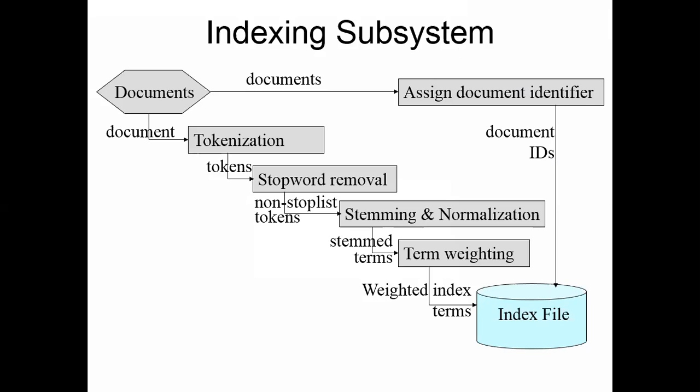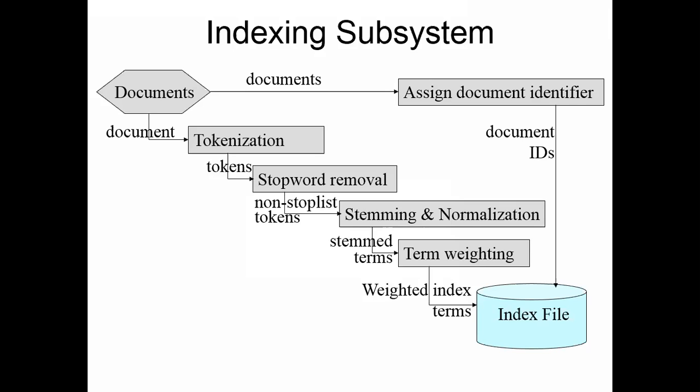As a result, search engines are using the URL of every document, which is unique. When you are designing an information retrieval system, you have to assign a document identifier for each document that is used for experimentation purposes. Those document identifiers are used for indexing the words that they contain.